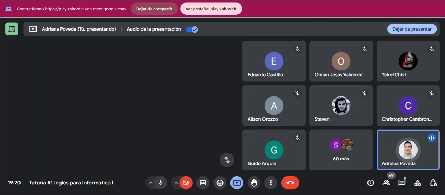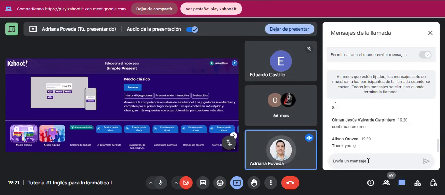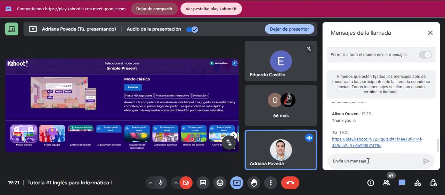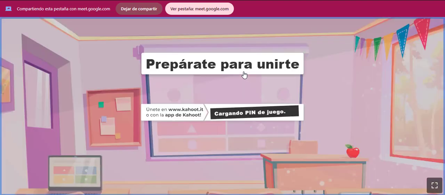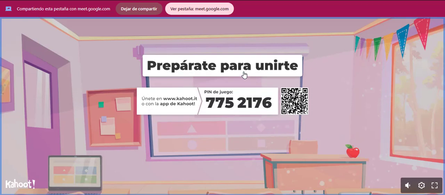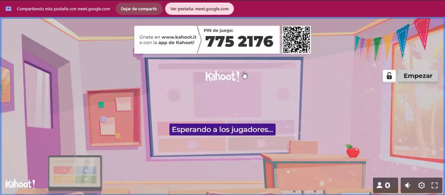I assume most of you have played Kahoot, but if not, it's some sort of interactive activity in which you can join with the QR code, with the link, or with the number, and there will be a set of 10 questions and 4 possible answers per question. The ones who get the question correct will obtain points, and the faster you answer, the more points you get.